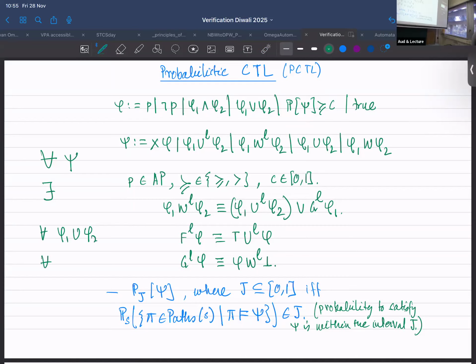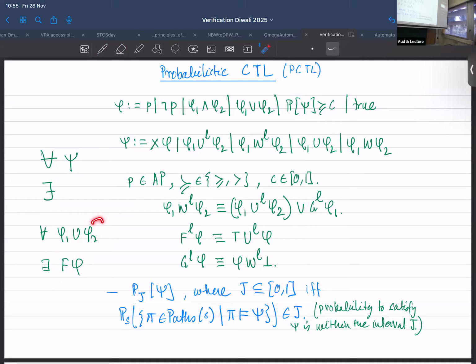For all paths, or there exists a path, you had eventually phi, like this, right? And these were state formulas in CTL. They are alternating, right? So this is a state formula, this is a path formula. Once you fix a path, in that you have a path formula. There is an until, and these are again state formulas like that, right?